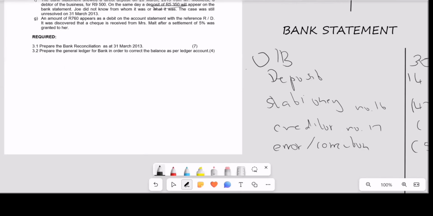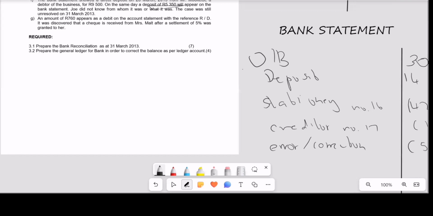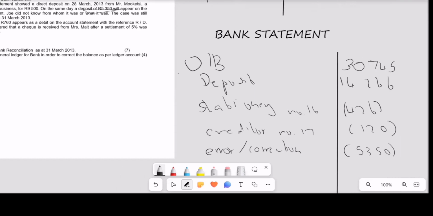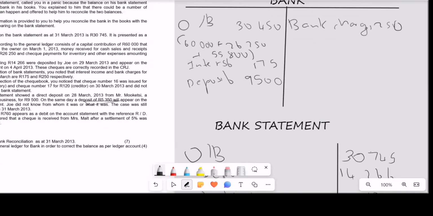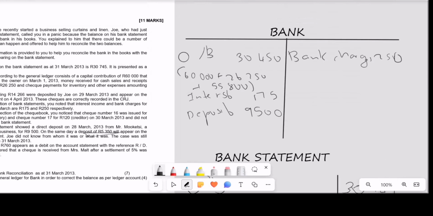Okay, it says an amount of 760 appears as a debit on the bank statement with reference RD. It was discovered that a check received from Mr. Mold after settlement of the 5% discount granted to her. So guys, with this amount, RD check means it was returned to drawer, which means when this check was cashed, we found that the debtor didn't have any money in the account.